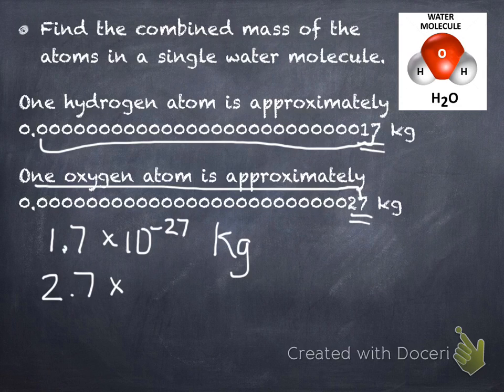So this is times 10 to the negative 26 kilograms. So you can see by counting those zeros that the oxygen is 1 order of magnitude greater than the hydrogen. It's 10 to the negative 26, and this was 10 to the negative 27. Okay.